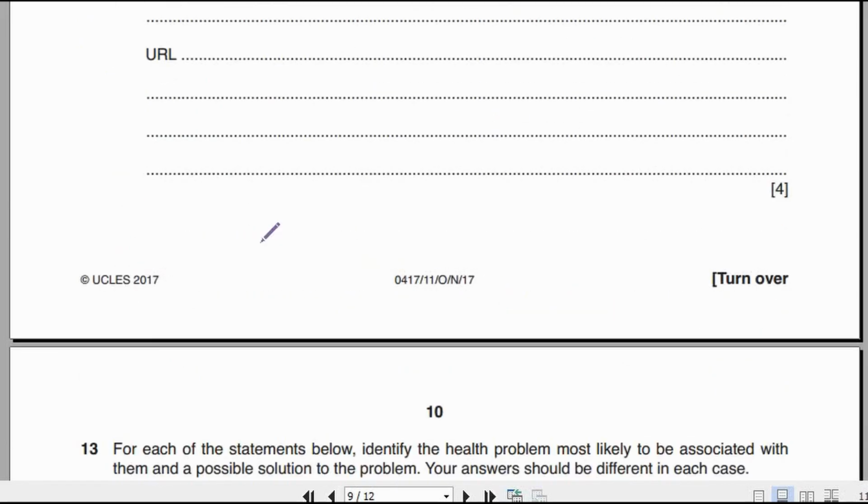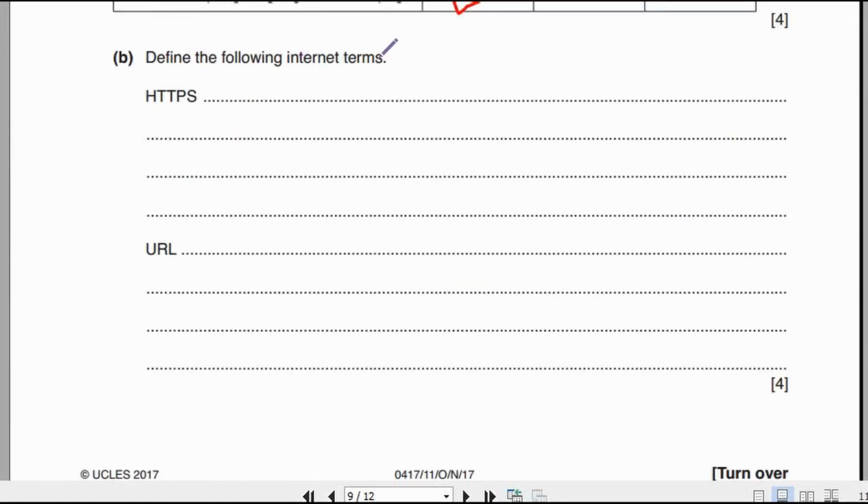B part, you have to define the following internet terms. The total marks is 4. So first one is HTTPS, Hypertext Transfer Protocol Secure Socket Layer, or you can also say Hypertext Transfer Protocol Secure. Okay, so these are the abbreviation, or if you write even the abbreviation, you will get 1 mark.